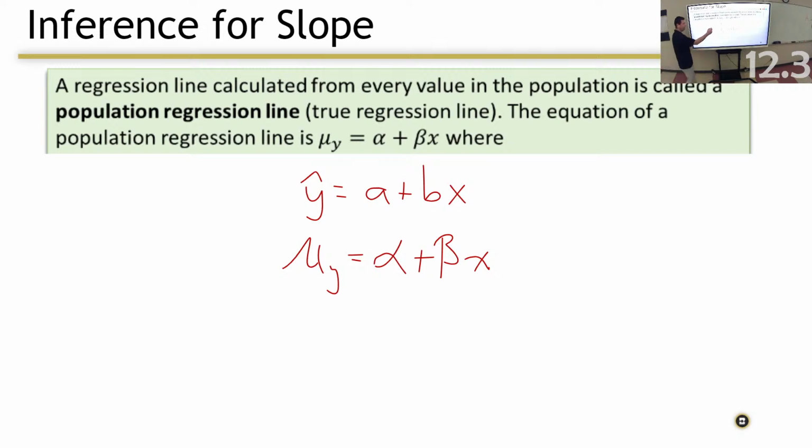This is what all we did in chapter 4, because everything was samples. I know you didn't notice it at the time, but everything was samples then. Well, now we're looking at populations. And so rather than saying y hat, we actually have mu sub y, okay? Mu sub y. And we have an alpha and we have a beta. Beta lines up with b, alpha lines up with a, mu sub y lines up with y hat.